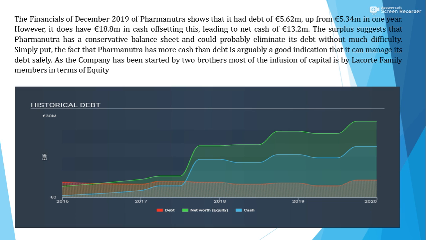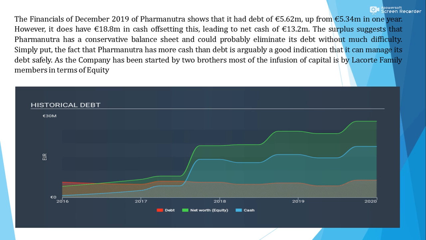Though it has debt, it does have 18.8 million euros in cash offsetting it, leading to net cash of 13.2 million. So the company is a very cash-rich company, and the investor should not bother with the borrowed amounts.